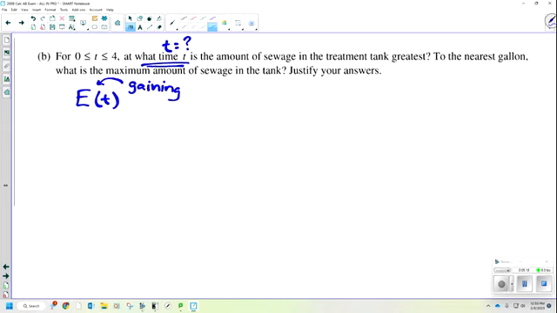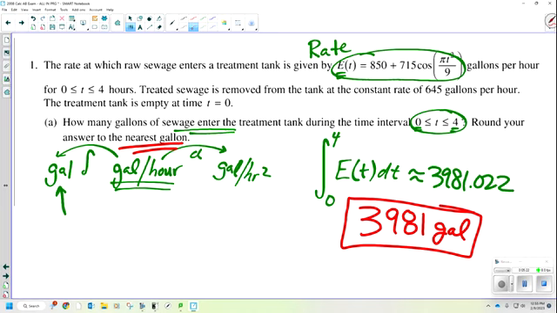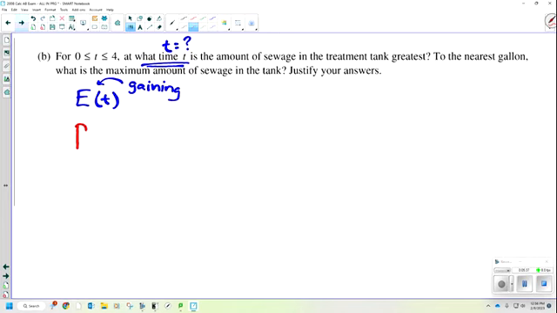I'm also going to graph this rate, 645. I just call that R of t for removed, because it is a constant, 645 gallons per hour. So R of t, which is being removed, is just 645. That's it. It's a constant. And that's where it's being removed, the sewage.